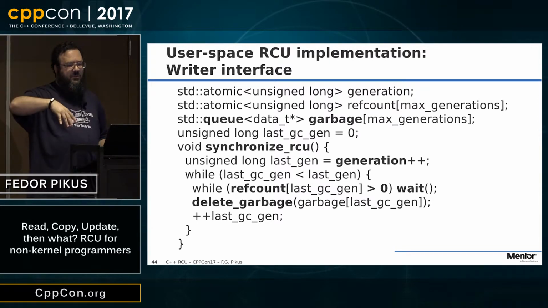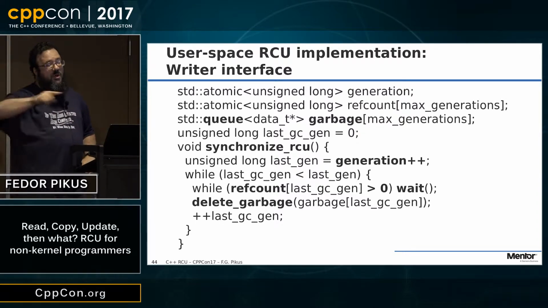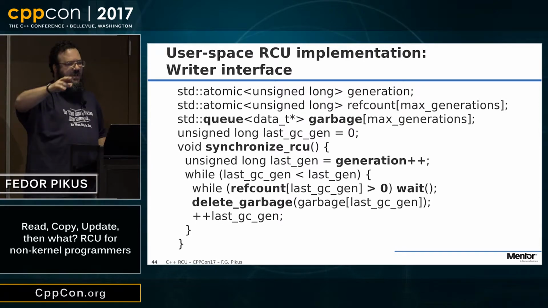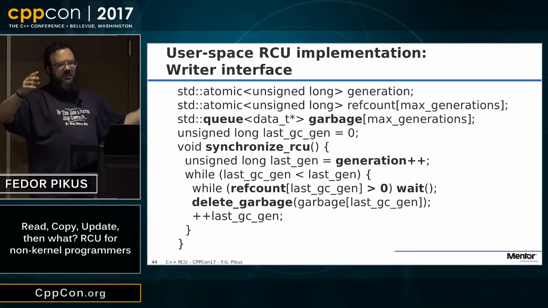And if a reference count of a particular generation is not 0, I'm going to wait until it becomes 0. And if it's 0, I'm going to reclaim all the memory on the garbage queue. And then I'm going to move on to the next generation. You can't jump. If generation 0 still has some readers alive, but the reference count of generation 1 has dropped to 0, well, you can't jump a generation.